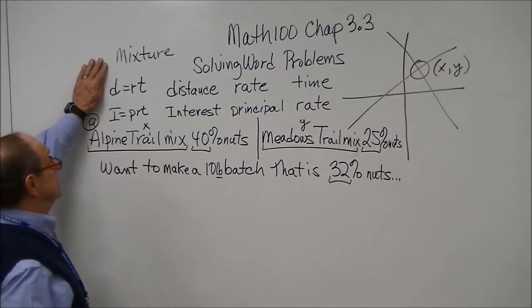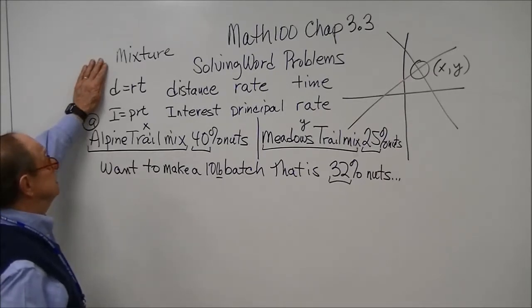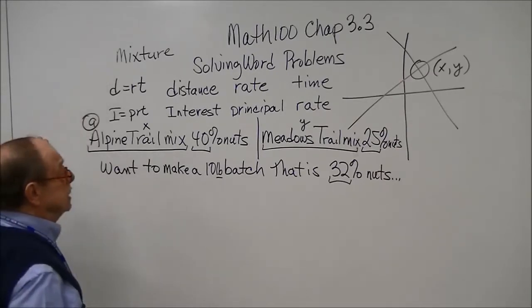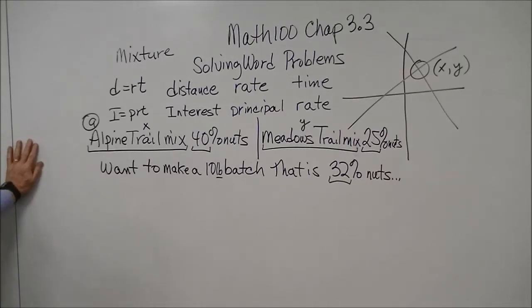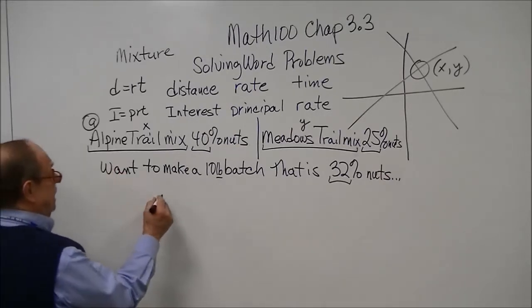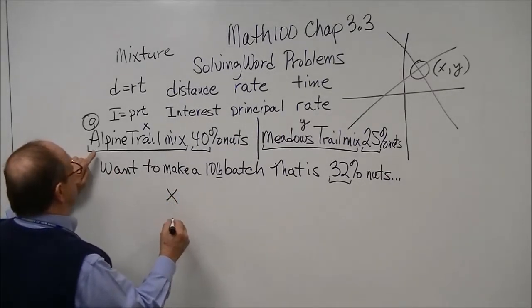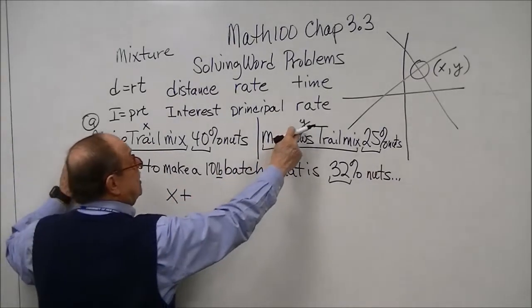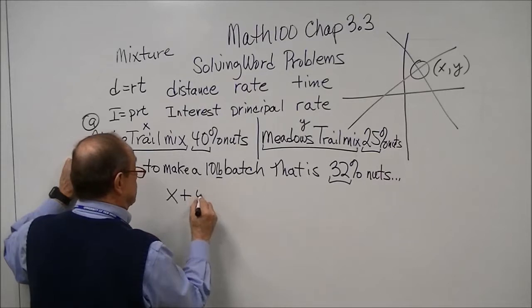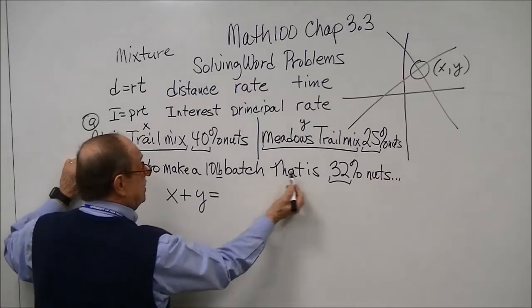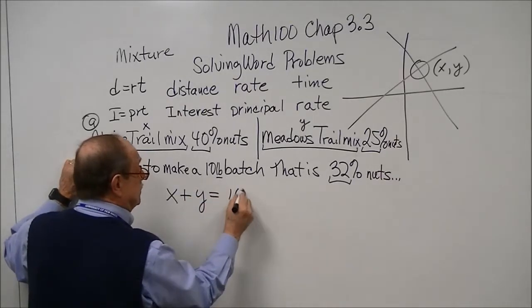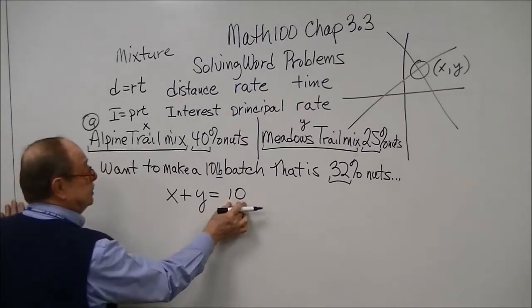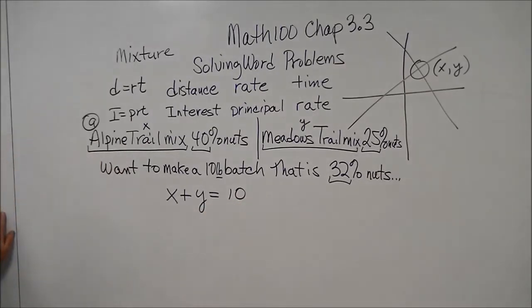Again, this is a typical mixture problem. What do you suggest we do first? Well, we know that our alpine, which is X, plus our meadow, which is Y, we want to make 10 pounds. So that's the mixture we want to end up with.